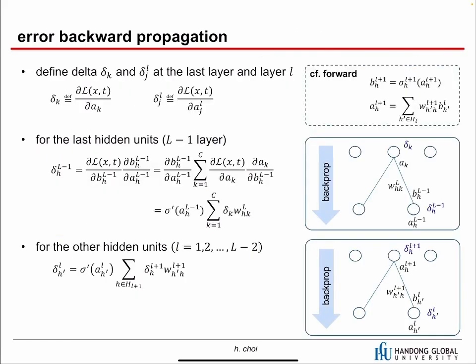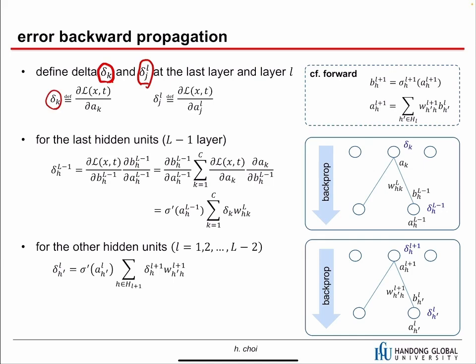Okay, next, error backpropagation in detail. First of all, we define delta k and delta sub j to the power of L, at the last layer and at layer L. This one is the delta at the last layer, this one is the delta at layer L, and this one is our definition. We are going to use this notation for simplicity, okay?